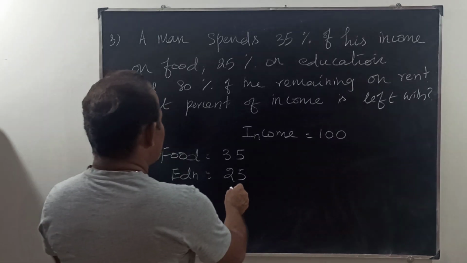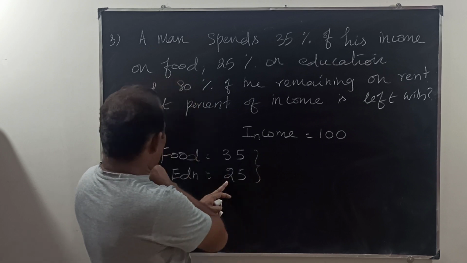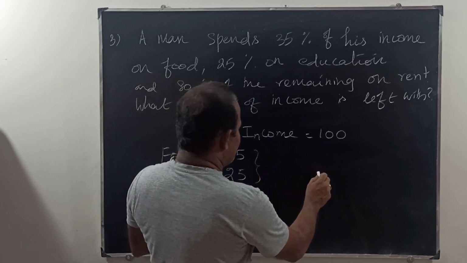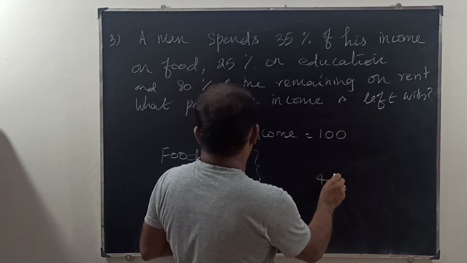What is the remaining? 35 plus 25 is 60 rupees for food and education, so the remaining is 40.